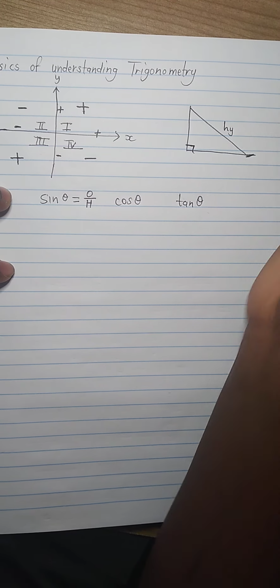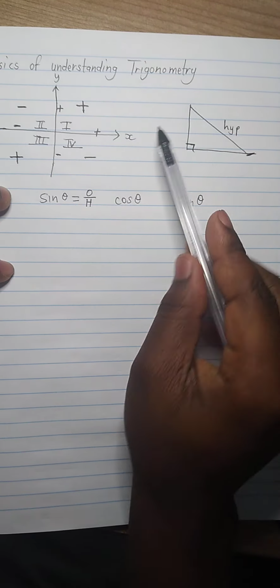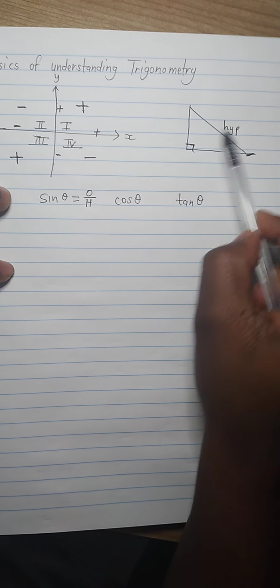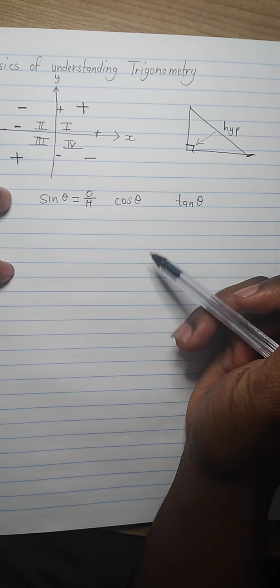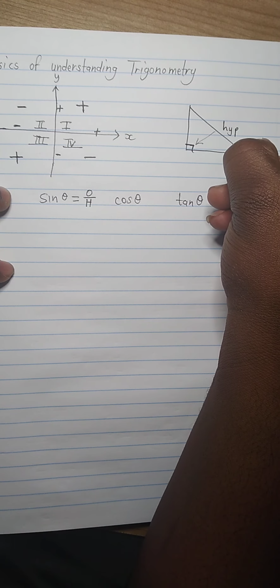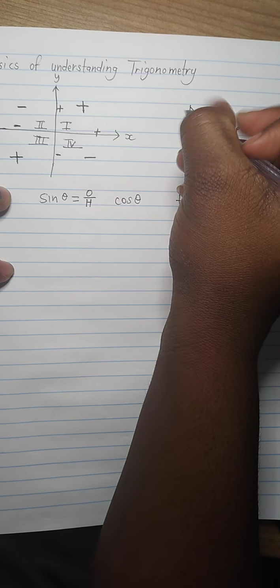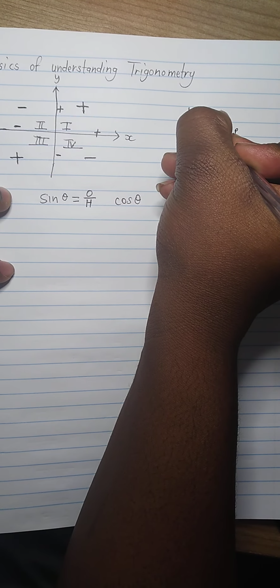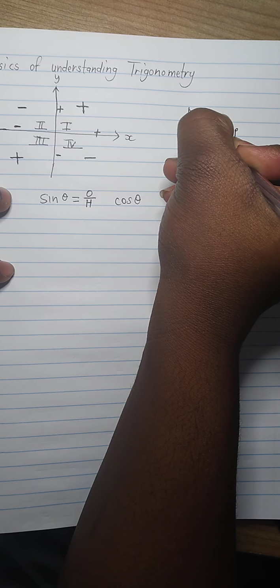This is the longest side, and it is always opposite to this 90 degrees. And then let's say here, for example, we have theta. Then on this angle here, we're gonna have 90 degrees minus theta.